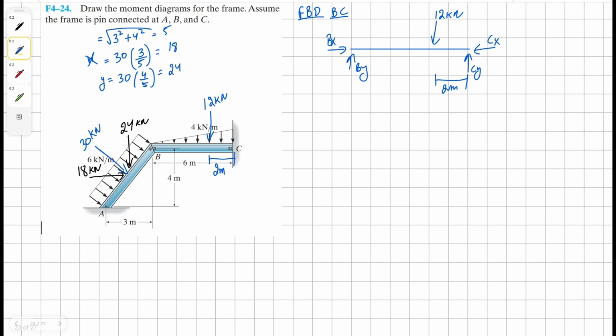Now we can take a moment about the point C in order to find our solution for By. So we're going to have counterclockwise 12 kilonewton, 2 meters away, then we have clockwise By, 6 meters away, all equals to 0.